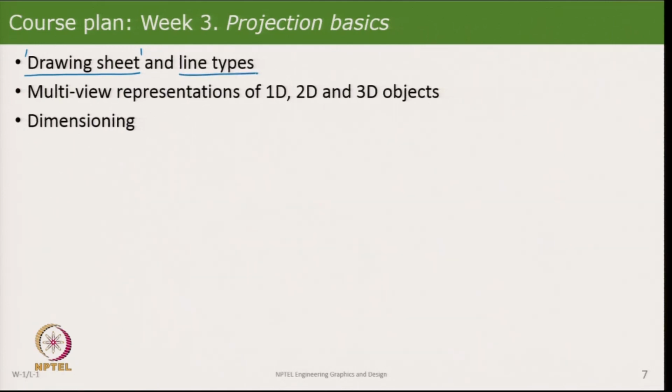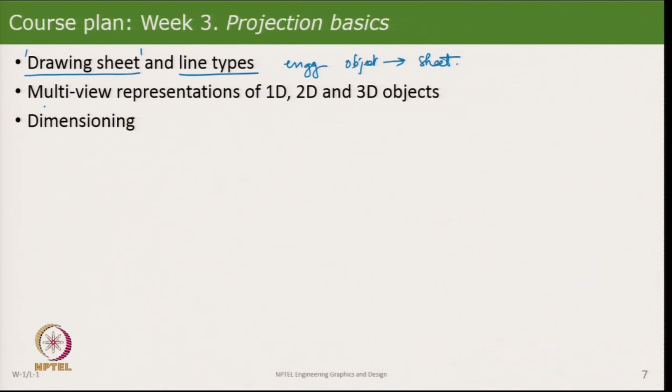On that sheet, various things are drawn with certain lines, and each line has a particular convention. So, we will see how in engineering we use different types of lines to represent different concepts, and how we put that to make an object, and how we place the object on a sheet. We will look at that aspect.